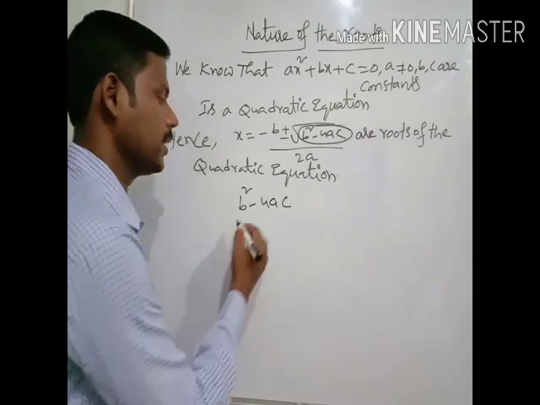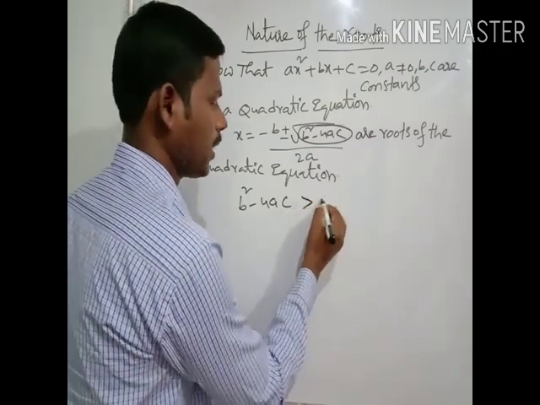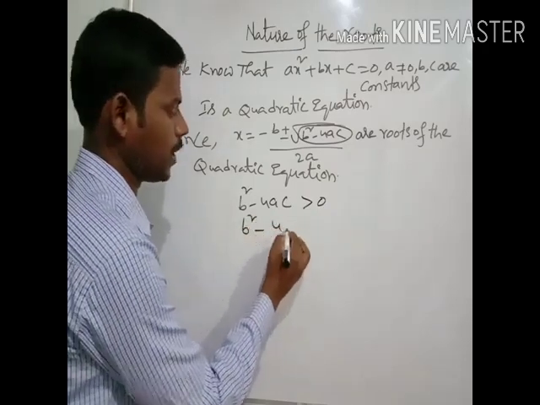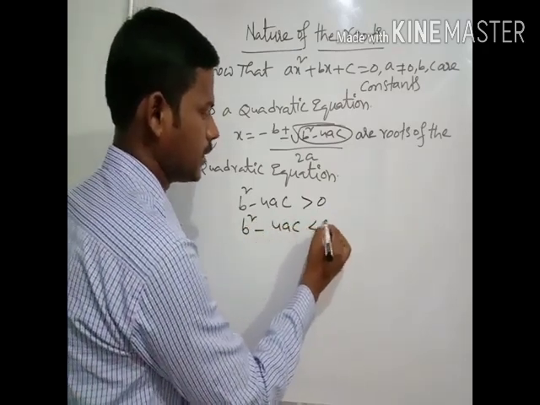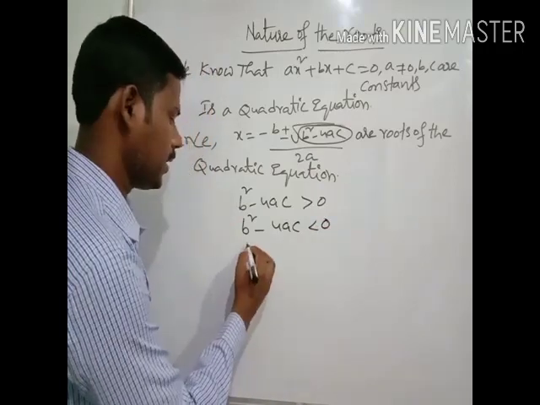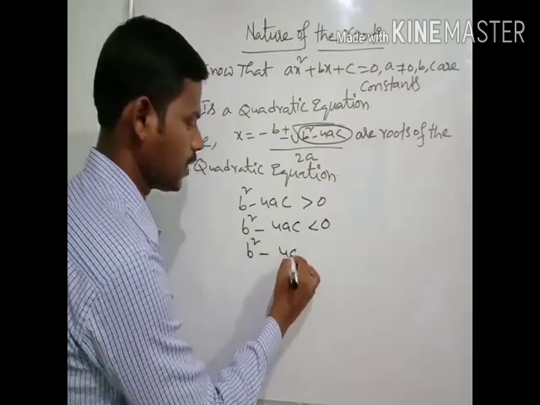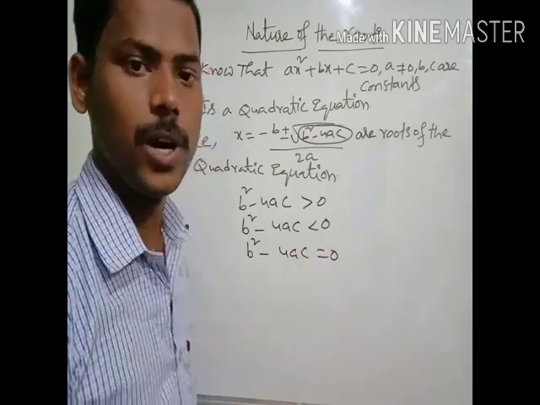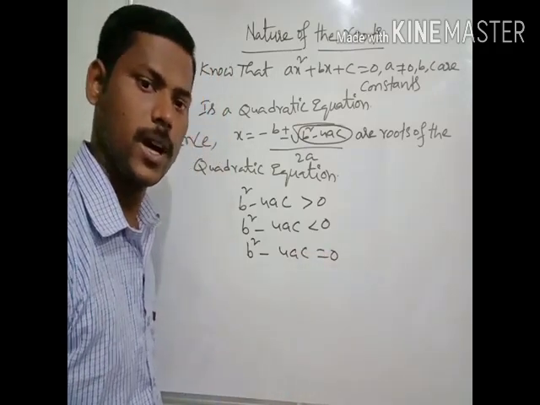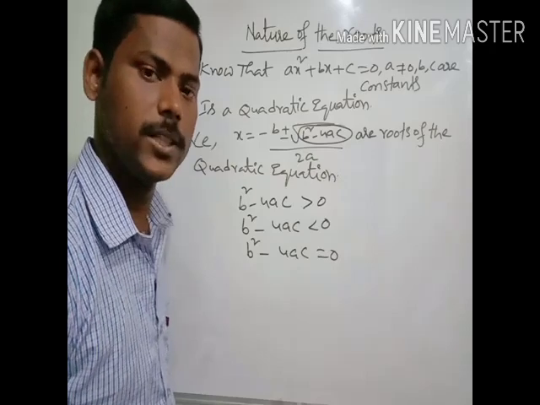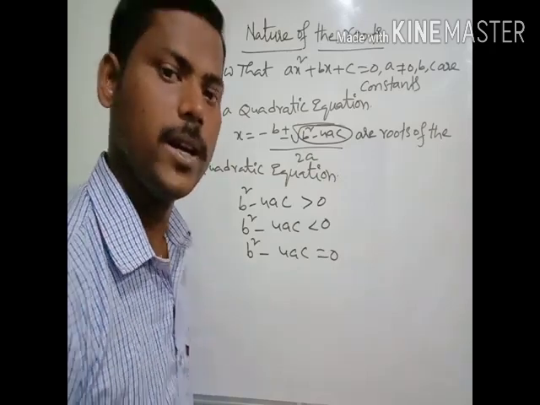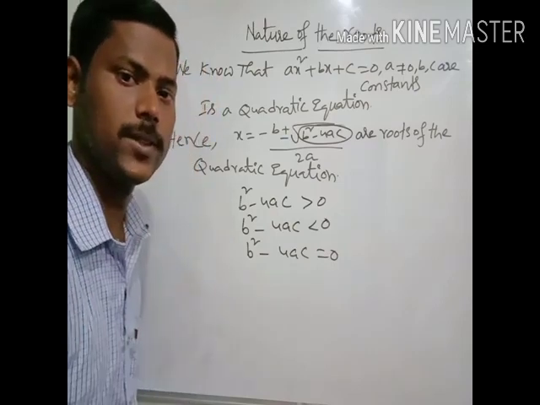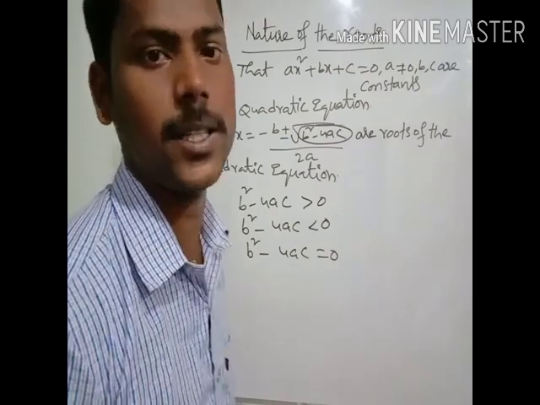The constant may be greater than 0, less than 0, or equal to 0. All whole numbers are constants, all natural numbers are constants, all integers are also constants. A constant means what? A symbol which has a fixed numerical value is called a constant.